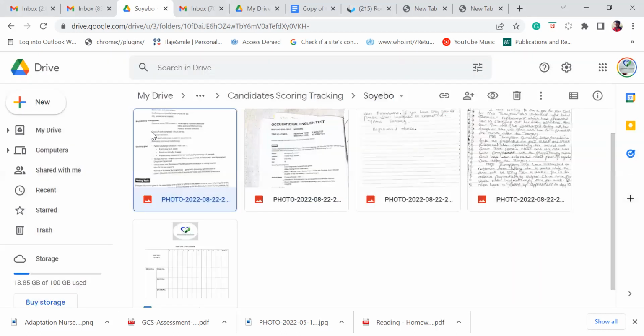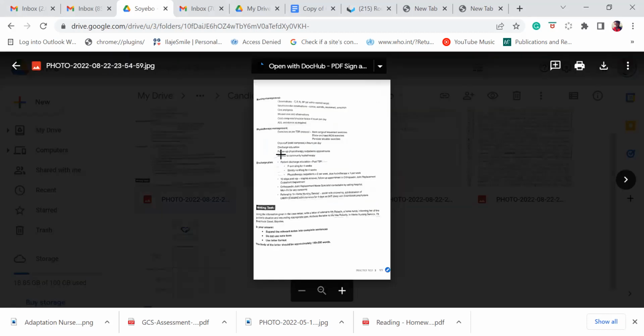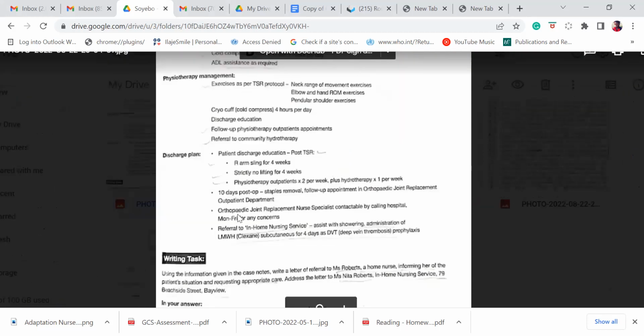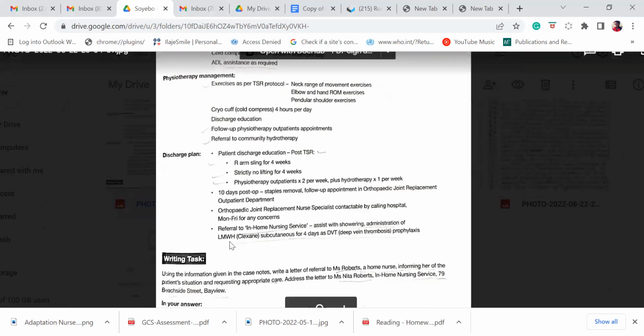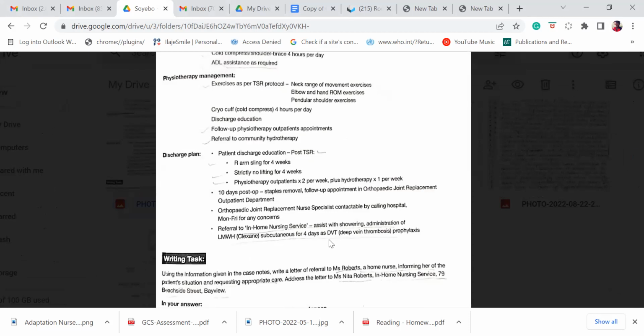Let's see what the discharge plan is. So you see here, refer to assist with showering. So kindly continue to provide assistance with showering and administration of cleansing for 4 days as DVT prophylaxis. That's the discharge plan.